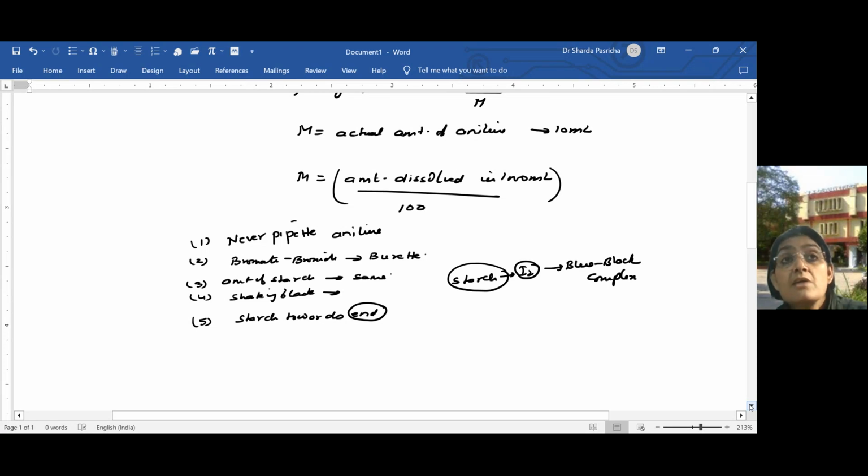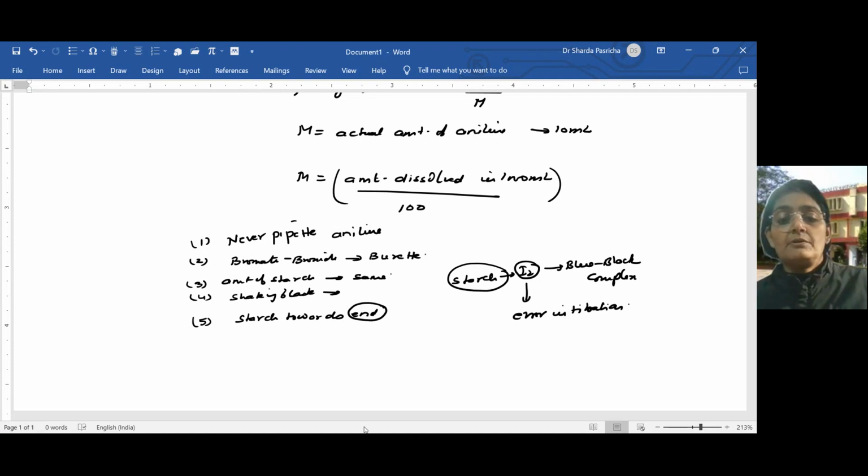Now, if you add starch in the beginning, the concentration of iodine is very, very high. A lot of iodine will get absorbed on the surface, and this will lead to error in your result. That is why starch is always added towards the end.